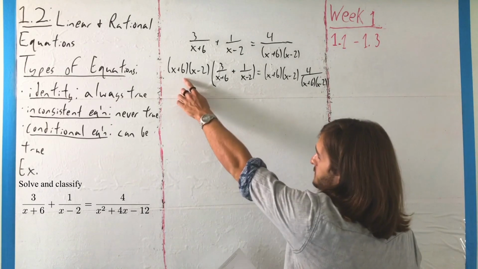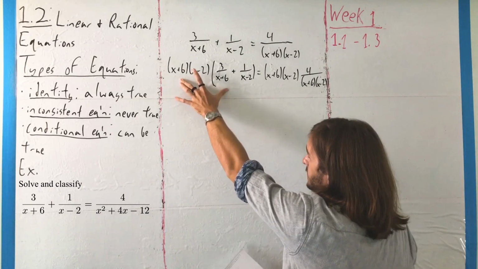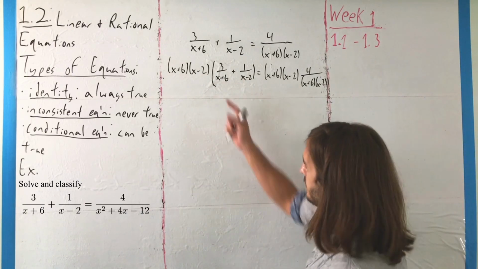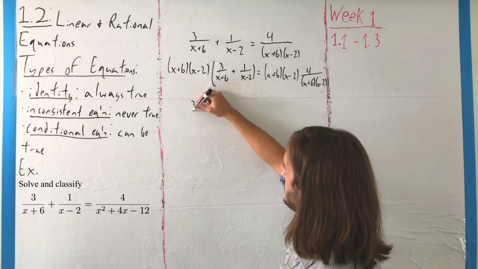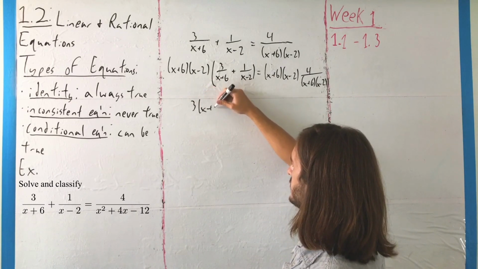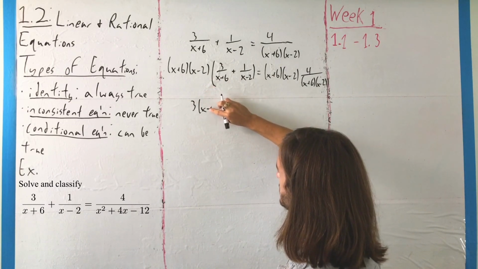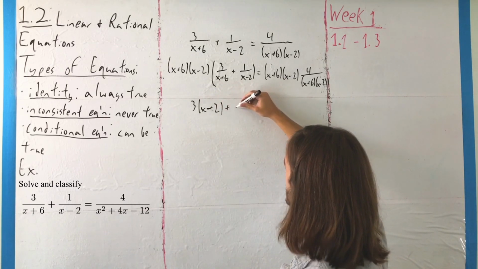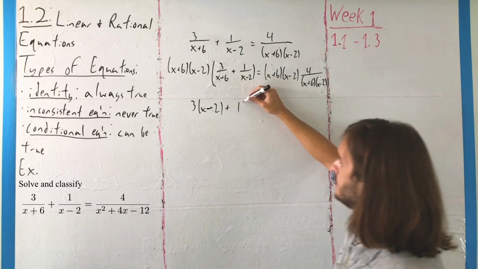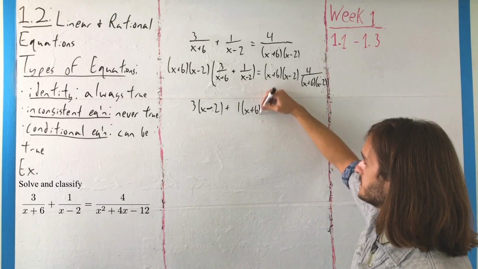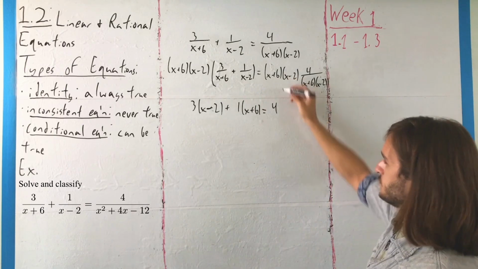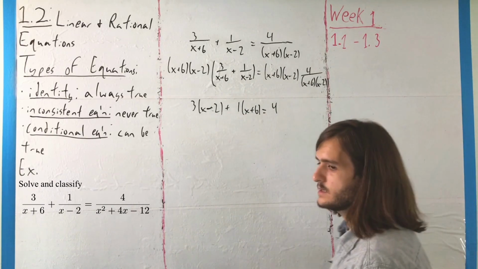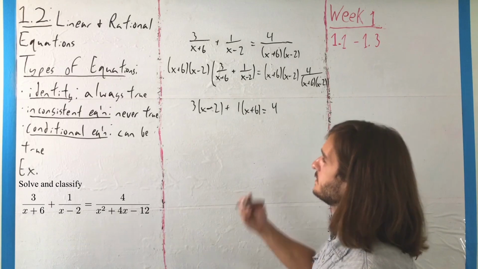So, multiplying, the x plus 6 cancels there, x minus 2 cancels there, and both cancel over there. What we'll be left with is 3 times x minus 2, plus 1 times x plus 6, and that will just be left with 4. So now we can multiply things in and start rearranging to get to where we want to be.